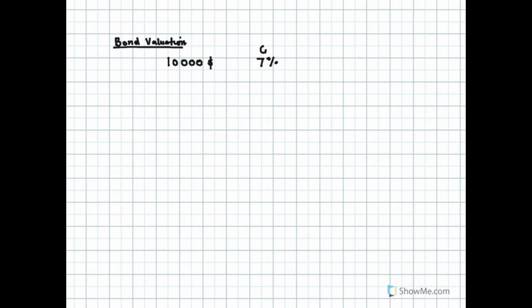So this is called a coupon, which means you will get $700 every year. Say the payment period is 10 years. So every year you will get $700 into your account. And at the end of 10 years, you will get your $10,000 back. This is how a bond works.